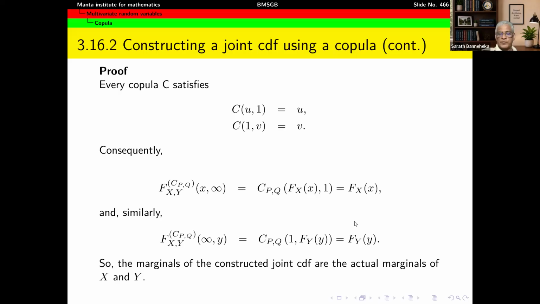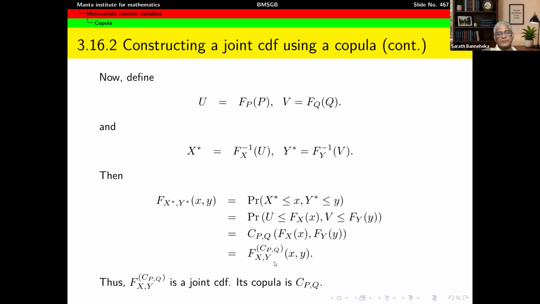That's one thing we saw. But now we see that this is actually a joint CDF between this x star and this y star. So therefore, it is a CDF. It may not be equal to the actual CDF of original x and y, but this is the CDF of x star and y star, right? So it is a joint CDF.